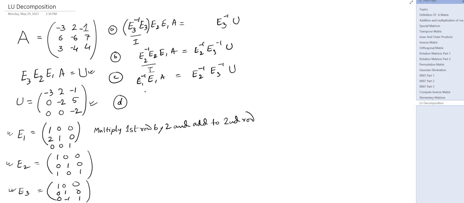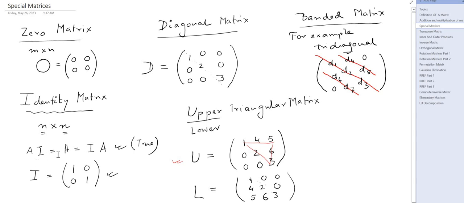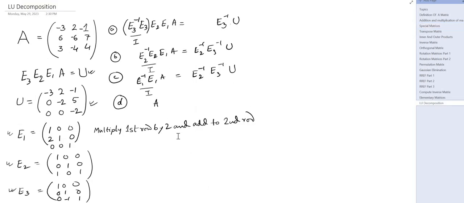The final step gives me an identity matrix, and we know that if you multiply the identity matrix with any matrix, you get the same matrix. This is the property we are using. Ultimately, E3 inverse, E2 inverse, E1 inverse times the upper triangular matrix is the representation of the original matrix.